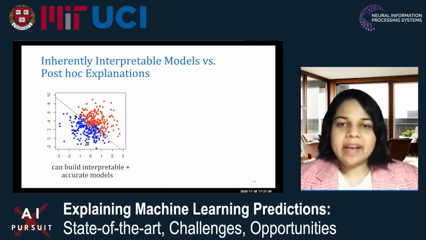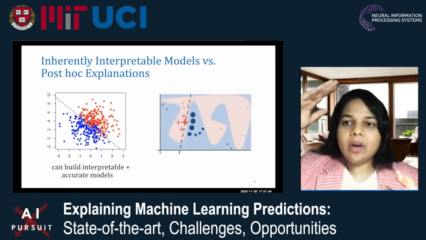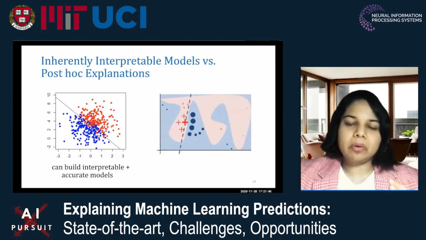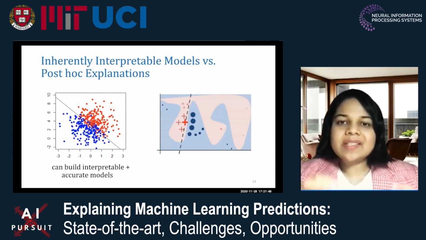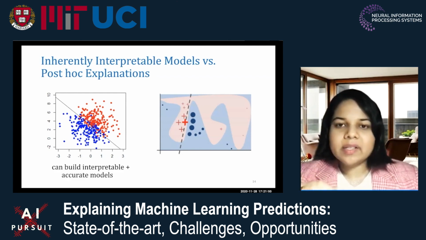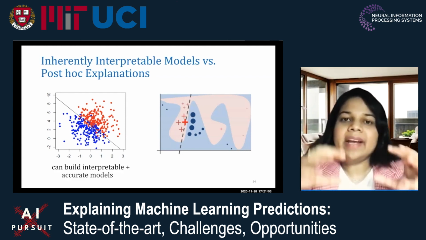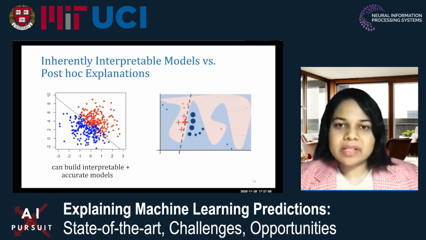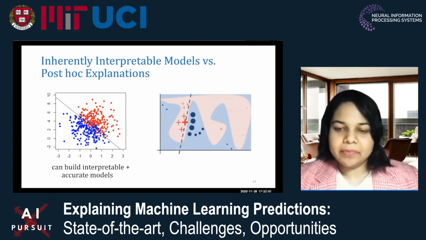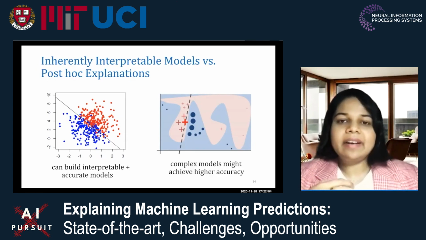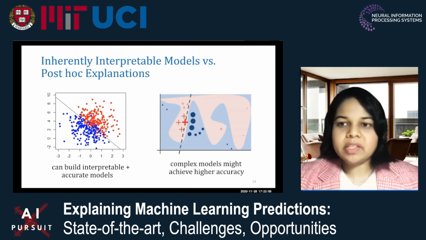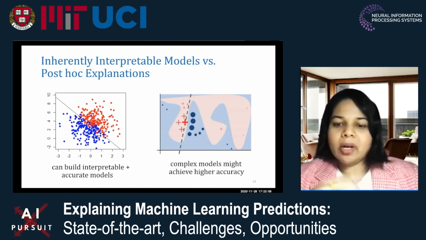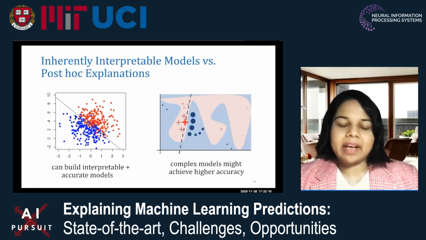Now let's consider another scenario where the data has very complex nonlinear decision boundaries. In this case, simpler models like linear models may not really be able to capture these complex boundaries correctly, and we may need to resort to using more complex models for the sake of predictive accuracy. So in this case, there is clearly a trade-off between going for interpretability versus accuracy, because complex models might achieve higher accuracies.